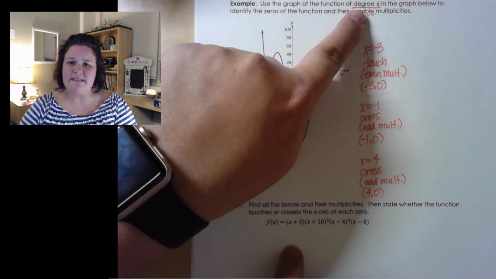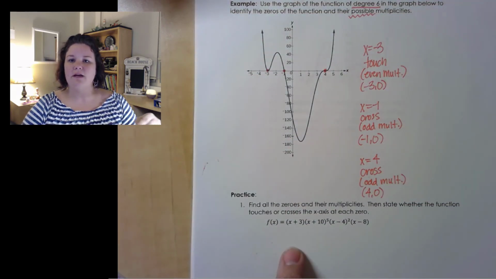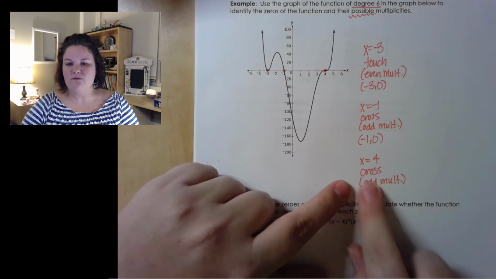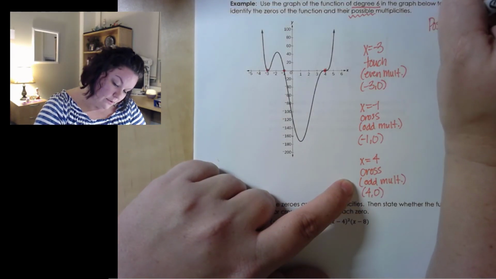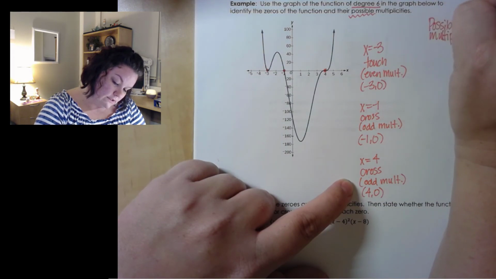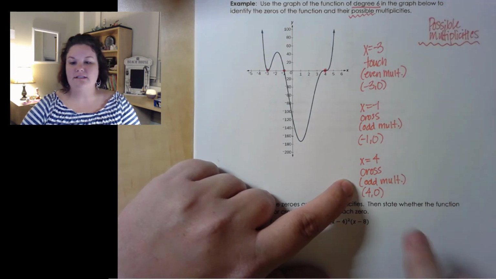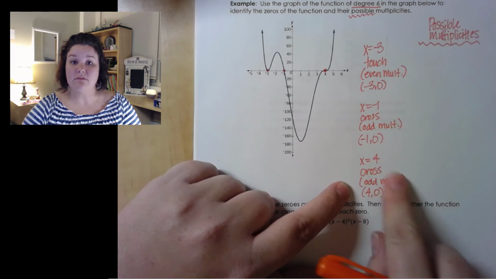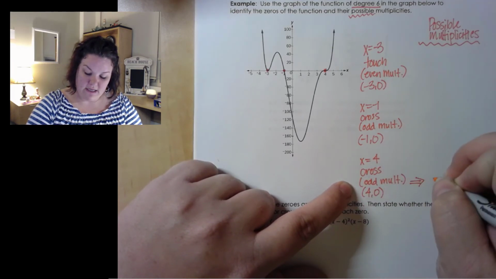Okay, so let's think about this. If this is a degree 6, that means when we add all of our multiplicities up, it should equal 6. So let's start down here. Let's say this one has to be odd. So I'll write over here, possible multiplicities. Okay, so let's pretend this one has to be odd, right, because it has to cross. So let's say maybe that one's multiplicity is 1.